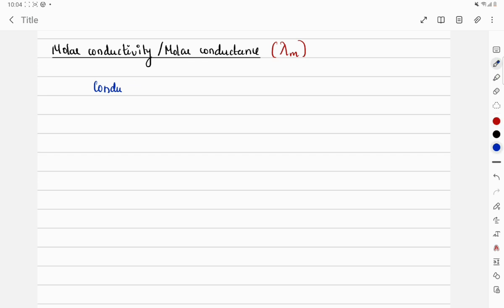And the definition is: it is the conductance of ions produced from 1 mole of electrolyte dissolved in V volume of solution.